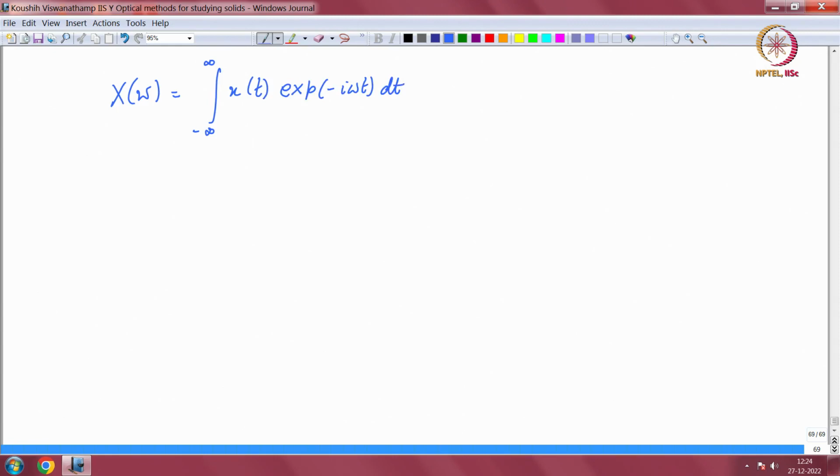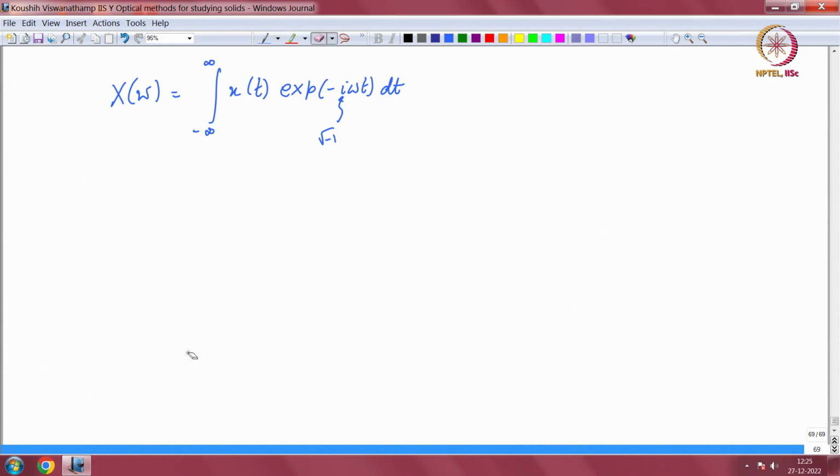Where you have an exponential, i, of course, is square root of minus 1, omega is a frequency, that is the variable that comes out, and t is integrated over. Okay. Notice I have put a limit going from minus infinity to plus infinity. So t does not really have to be from 0, time equal to 0, t can be any variable like we mentioned, it can be a spatial variable also, in which case it can in principle go from minus infinity to plus infinity. Okay, so this gives you X of omega.